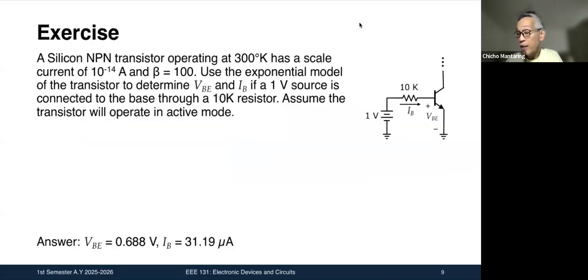So this is the exercise that we did in topic 2. I won't go through this anymore, we already went through this in class, but I encourage you to review the solution to this problem because it's a very basic type of problem.